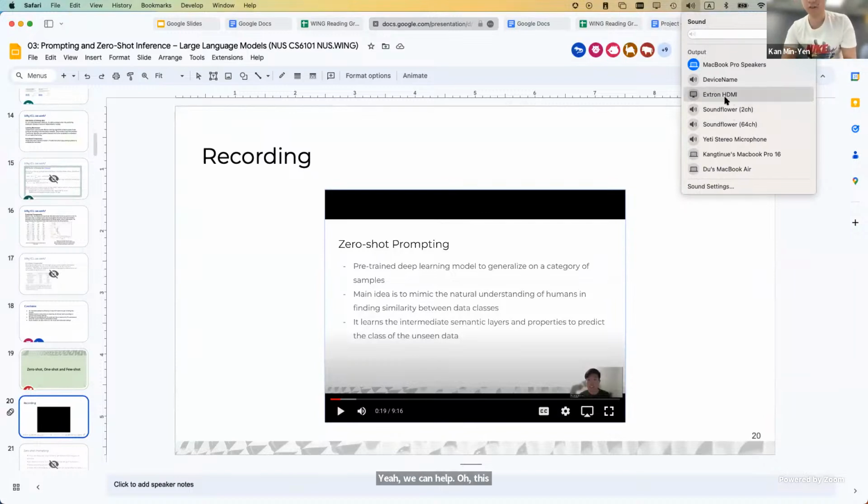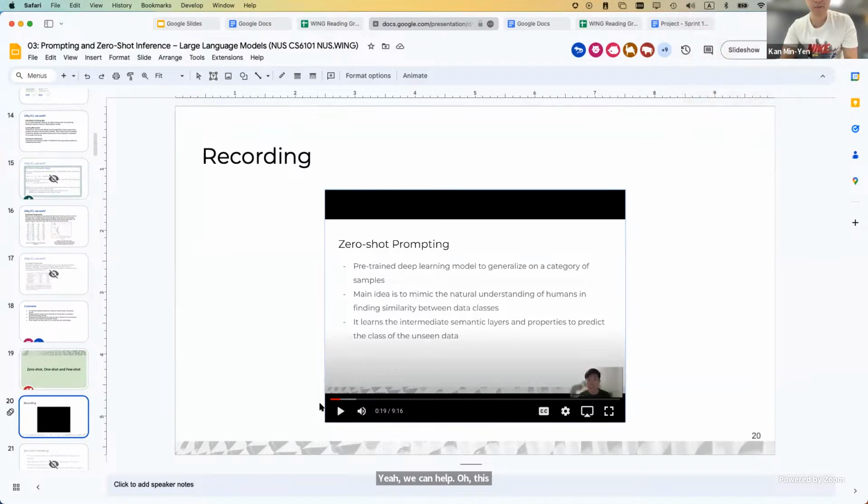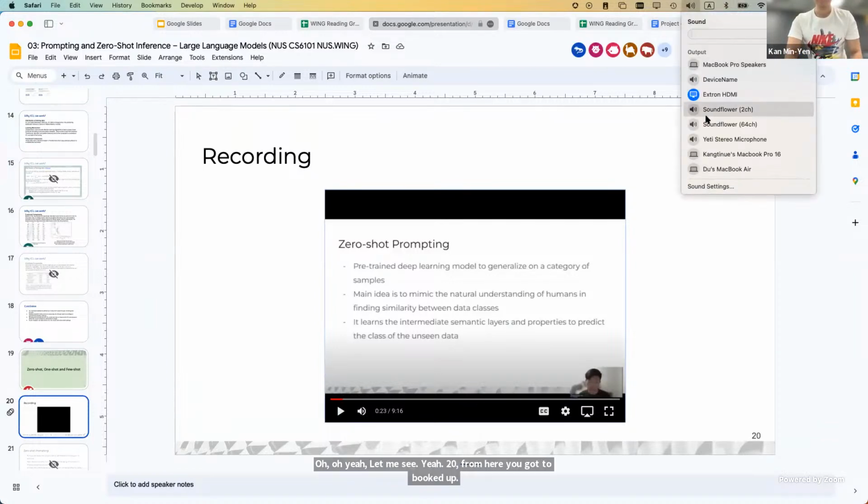External HDMI, okay, like the projector. Is it better? The Zoom audience will probably have the same problem.